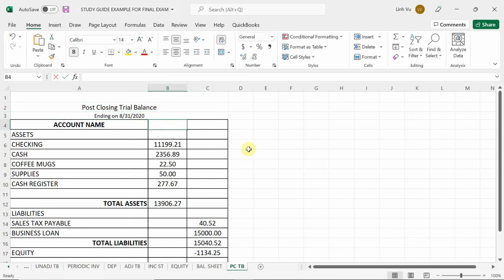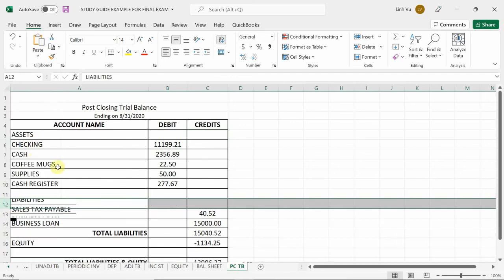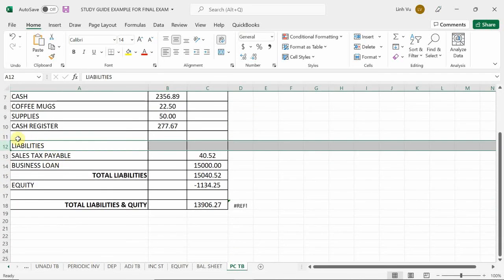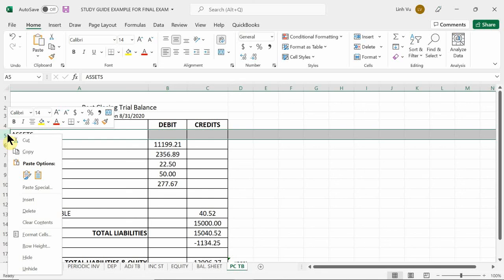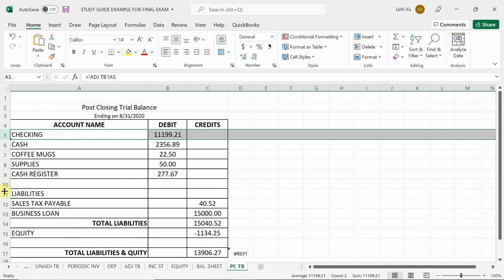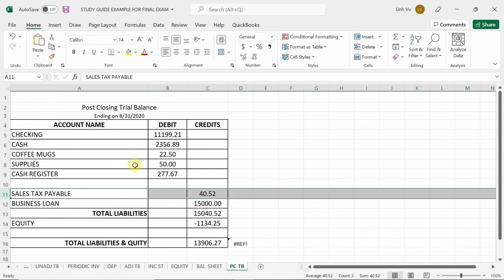Because ultimately what we're looking for is debits equaling our total credits. Okay. So in this case, my assets should all be debited. Okay. My liabilities, okay.